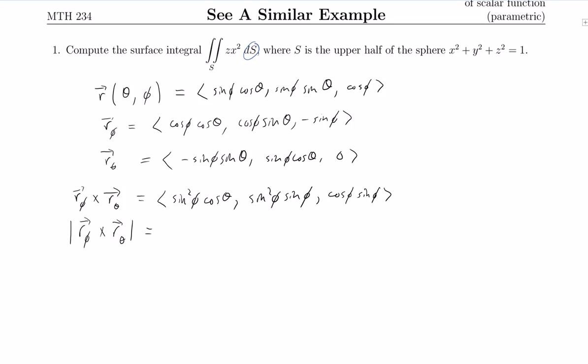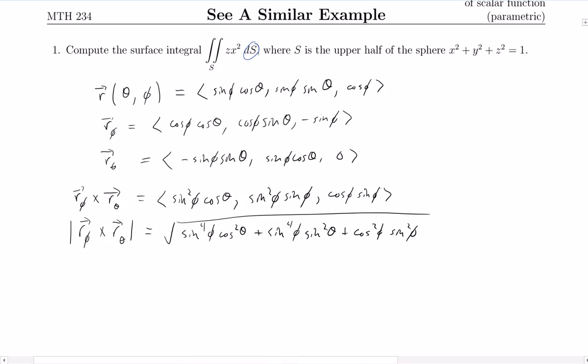So if we compute the length of this vector, you'll get square root of sine to the 4th phi cosine squared theta plus sine to the 4th phi sine squared theta plus cosine squared phi sine squared phi, which after 2 or 3 simplifications you factor and use the trig identity sine squared plus cosine squared is 1 several times.